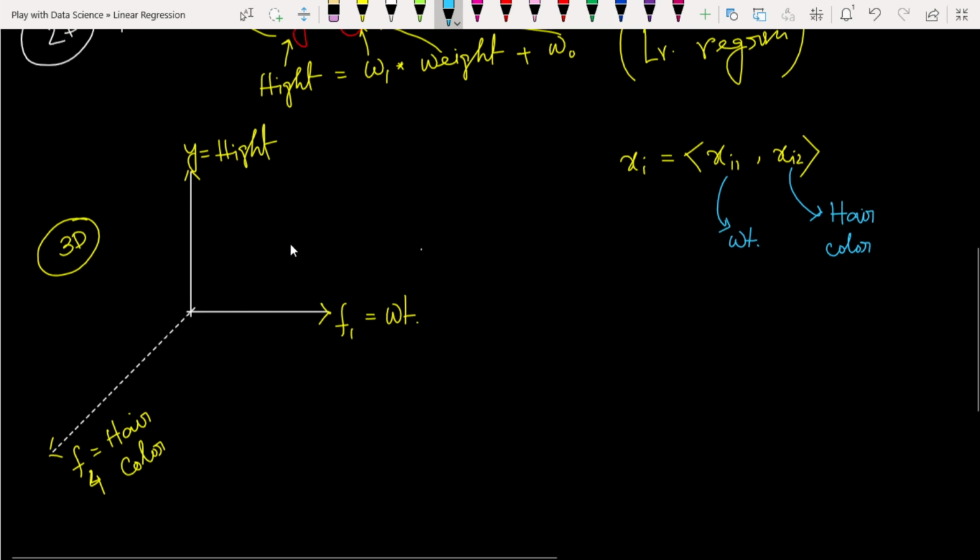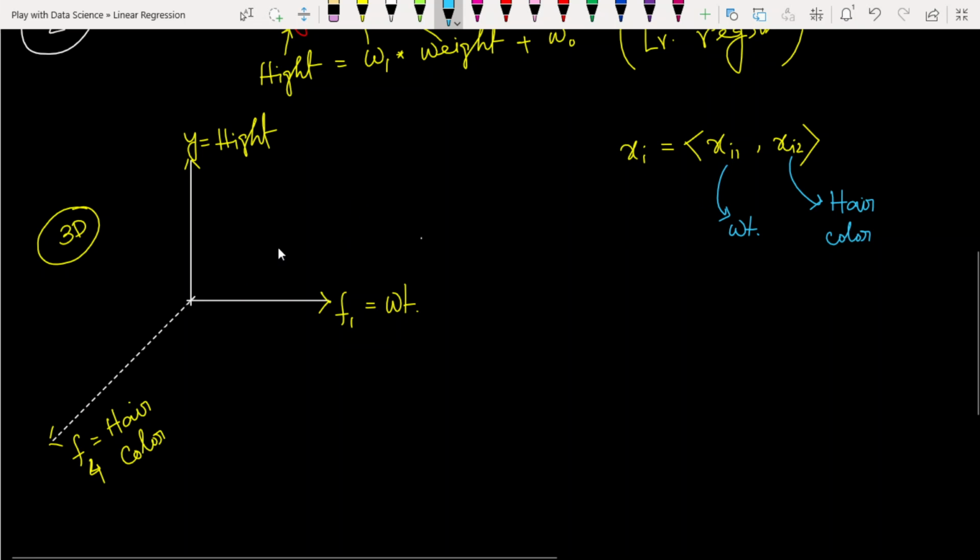Now if we put the point in this plane, suppose our point will be here, that is xi. This is our xi1, and this is our xi2.